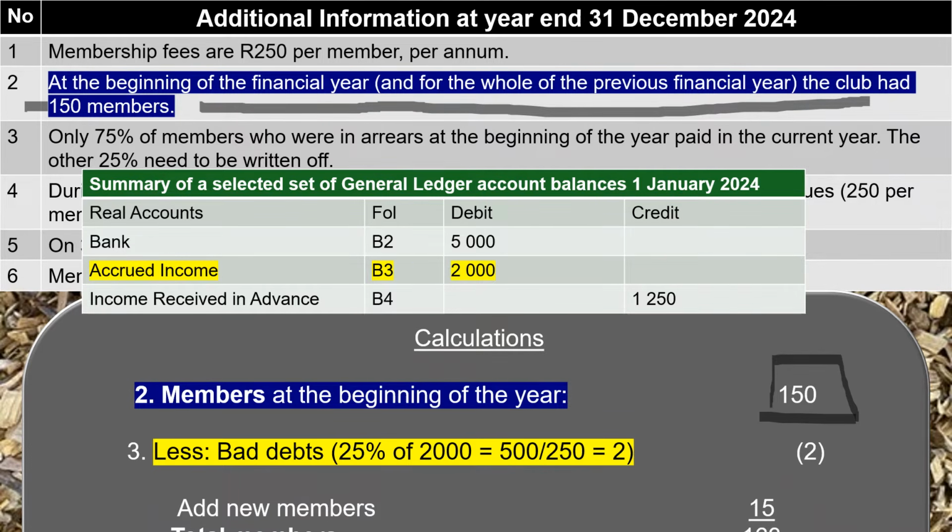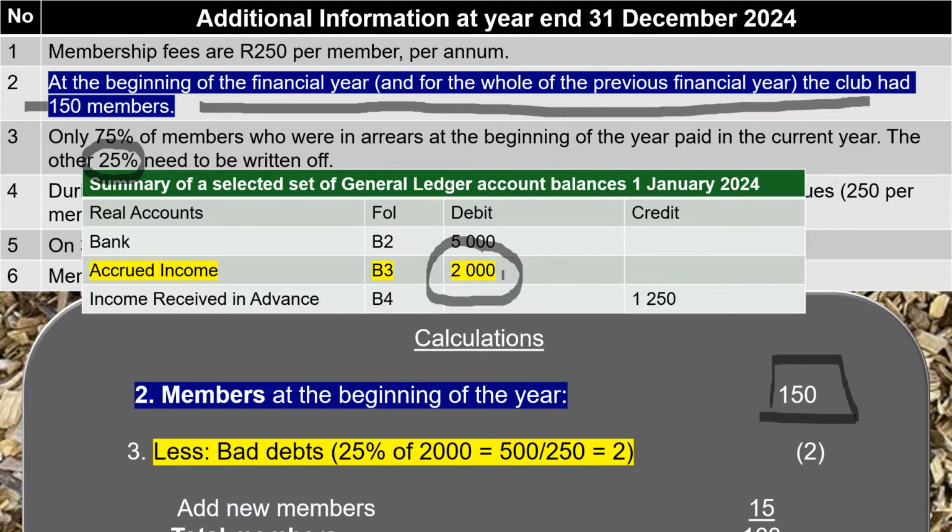Then they tell us that 25% of the outstanding money, the money members owed us from last year, accrued income, of that 2,000, must be written off.